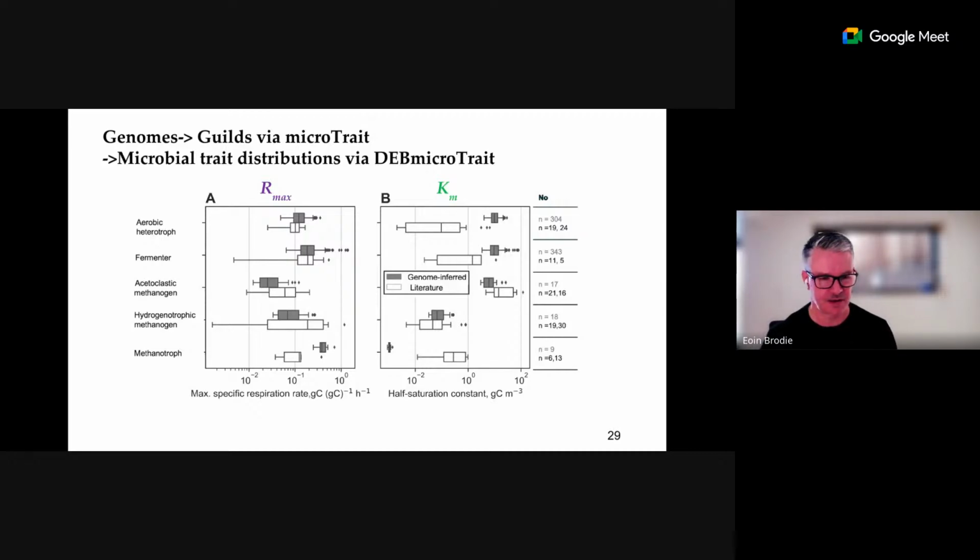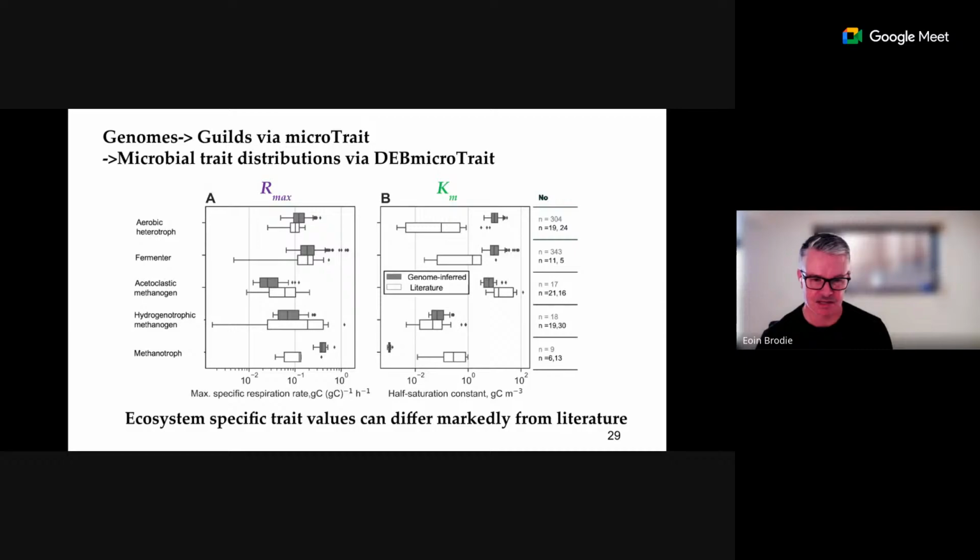Where we do have data sets where genomes and the lab measurements intersect, we do a pretty good job, but we don't know whether that holds for organisms that have yet to be described in culture. So the ecosystem-specific trait values can differ very markedly from literature.